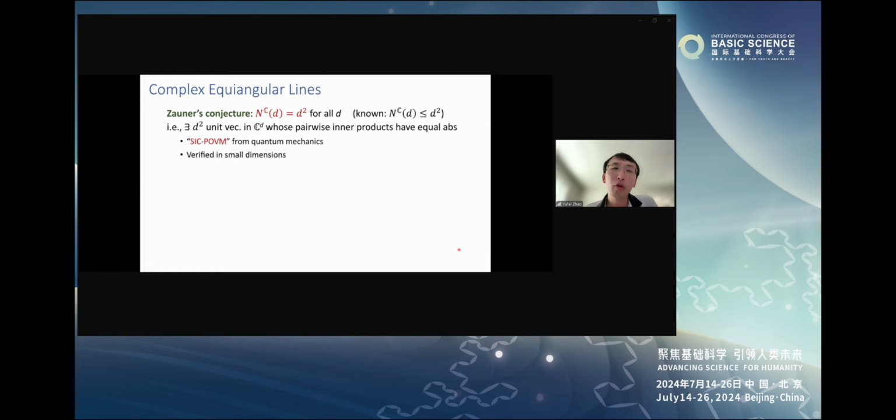And there is a beautiful conjecture due to Zauner that in D-dimensional complex space, there exist D squared complex equiangular lines. A short proof is known that it can be at most D squared, but D squared is in fact conjectured to exist. So that's Zauner's conjecture. It's a beautiful conjecture. It's been verified in small dimensions, but open in general.